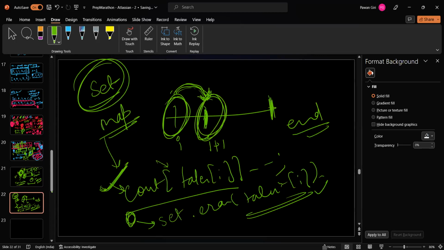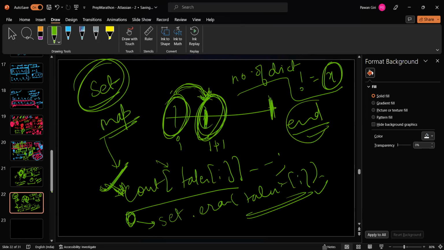So when I go to this point, if number of distinct talent is not equal to x, what was x? X was total number of distinct talent in my whole array. If this is not happening, it means I lost this I talent. I will keep on finding in further students. Okay. So here is the endpoint.